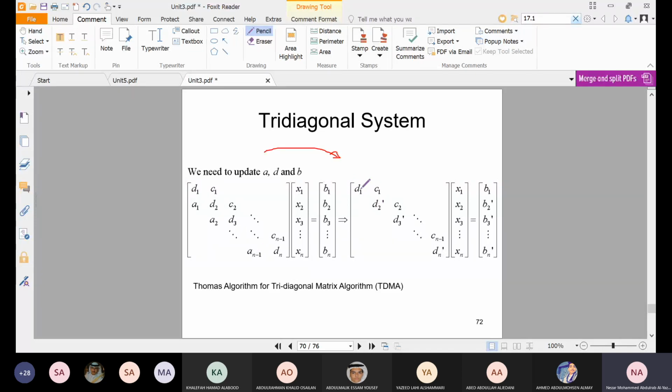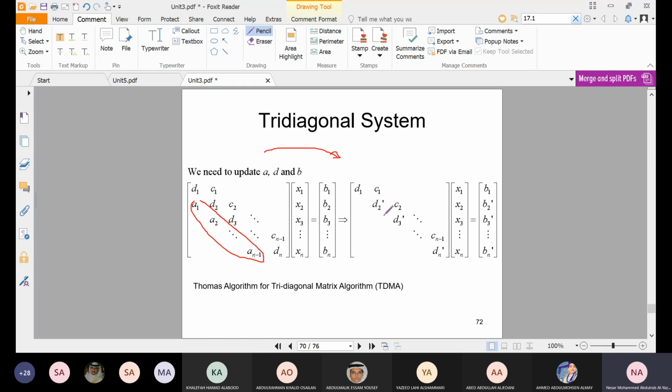Some prefer to normalize and make these ones, but with this algorithm we don't need to normalize; they might be any values. This makes the A's zeros, and the C's will not change because we have zeros here and here. The D's and the B's will update.